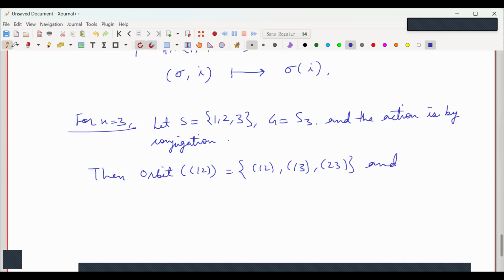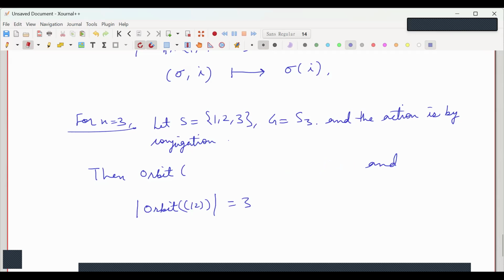And definitely the size of this orbit is 3. Oh, sorry. I should have taken the orbit of (1 3 2). That has 2 elements, (1 3 2) or (1 2 3). You can take anything. They will have the same orbit. So their orbit size is 2.